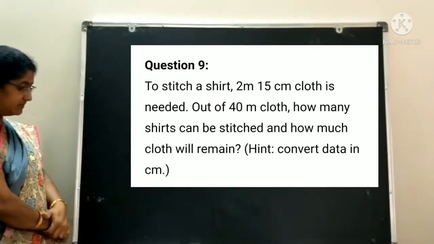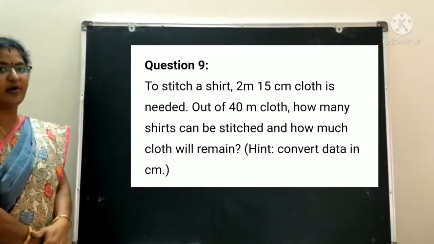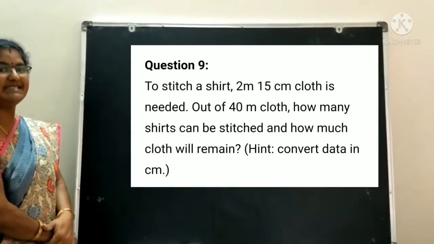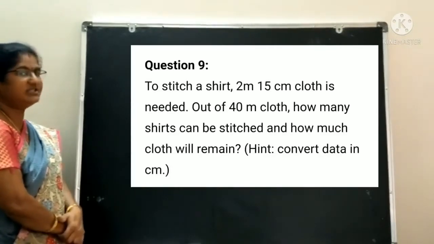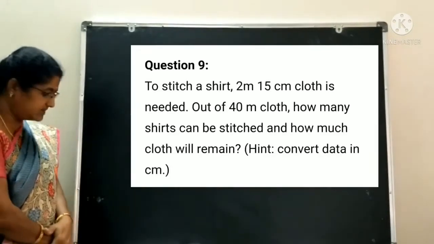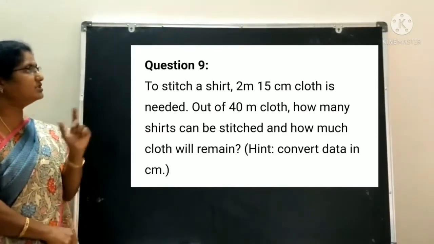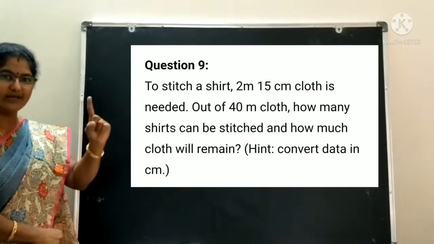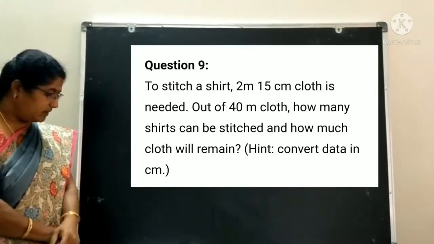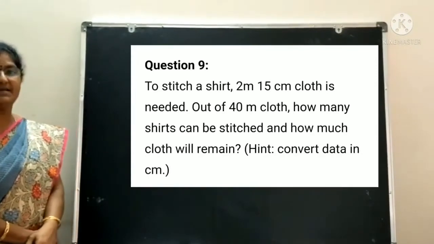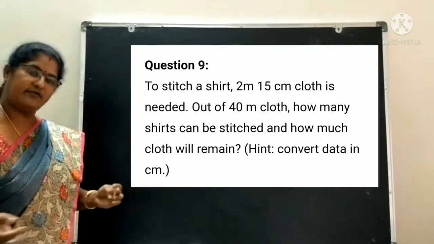Here what is given? The cloth needed to stitch a shirt is 2 meter 15 centimeter. For one shirt, how much cloth is needed? That is given. Out of 40 meter cloth, they have given the length of cloth.